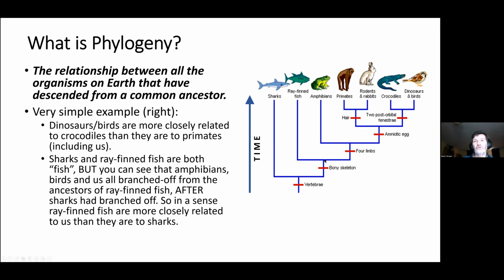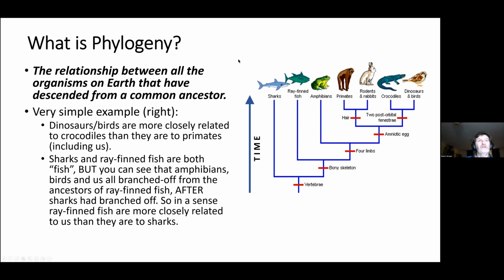And then certain organisms evolved bony skeletons, and then some of those evolved limbs to give rise to amphibians first of all, and then from those evolved what we loosely call reptiles and birds, and the mammals on this side.